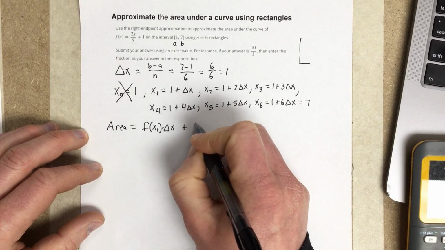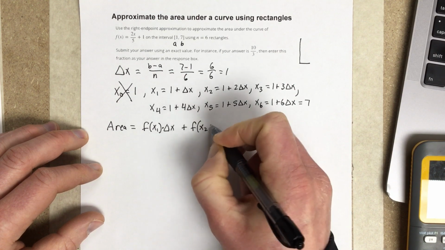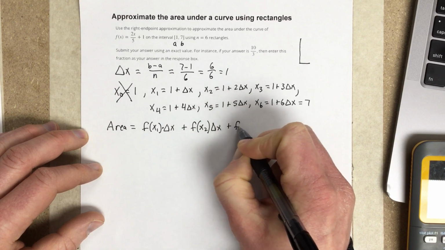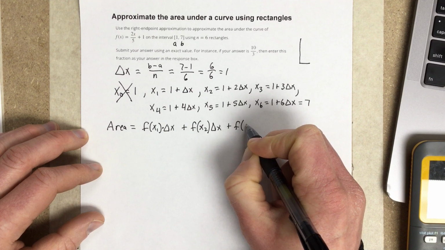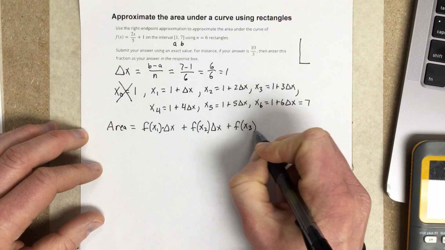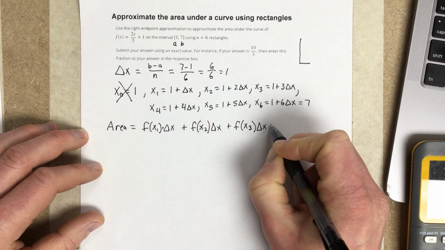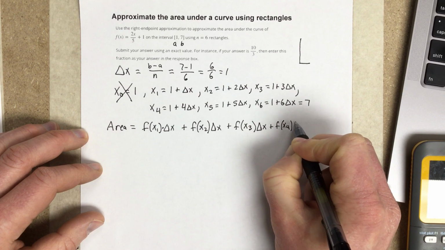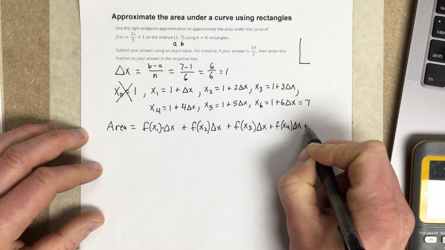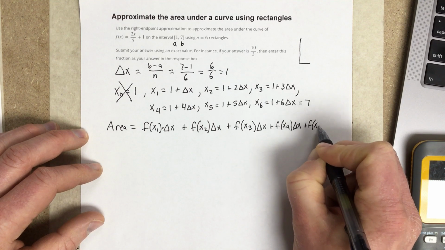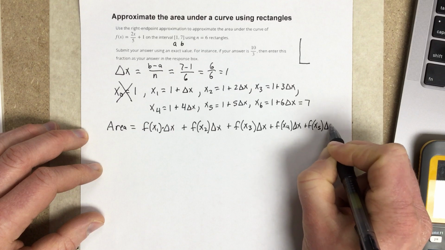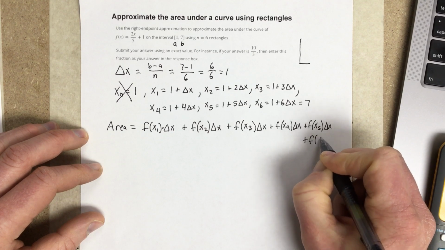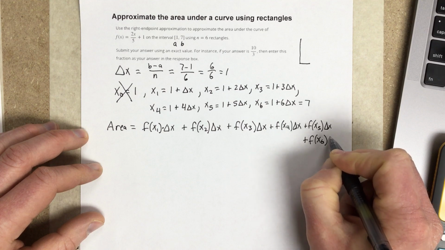And I would need to add that with f of x2 times change of x plus f of x3 times change of x plus f of x4 times change of x plus f of x5 times change of x plus f of x6 times change of x.